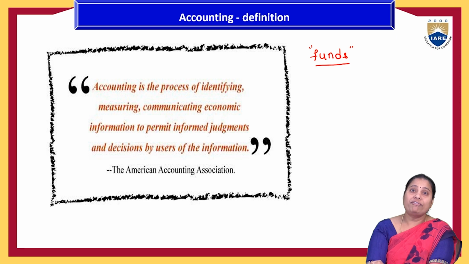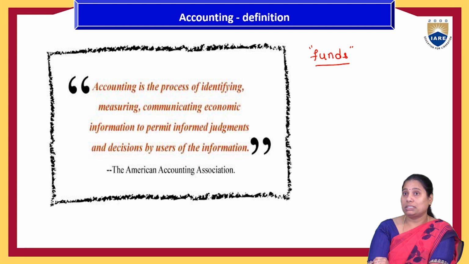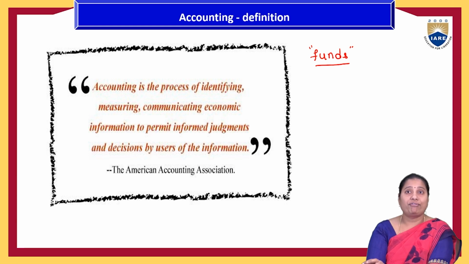Or else your friend has come and is giving you the amount, or he has paid the bill. Then the money he is spending for your needs, wants, and desires is called a fund. So fund means any money or monetary items which satisfy the needs, wants, and desires of the people, then only it will be called a fund.